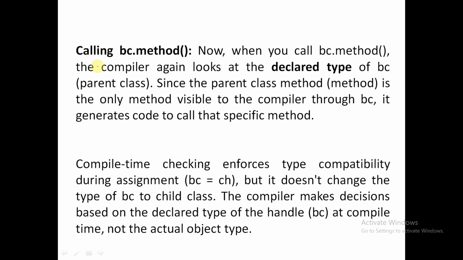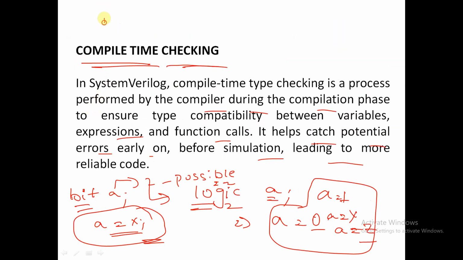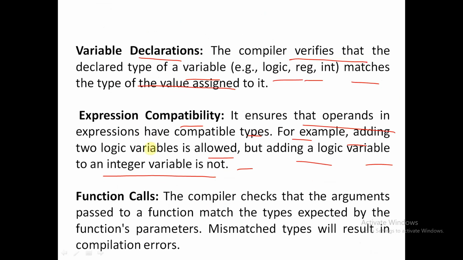So if we have a function that is expecting an argument of int type, but we are passing another data type to this argument, then it is a compatibility issue, so our compiler will give us an error. So this is compile time checking.